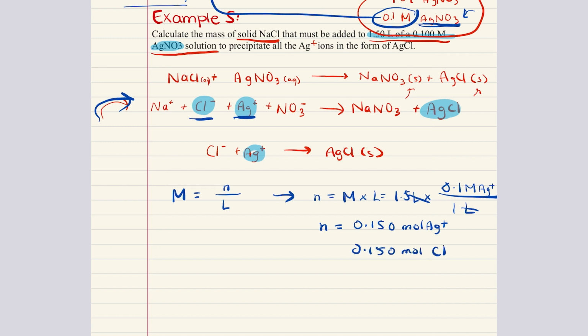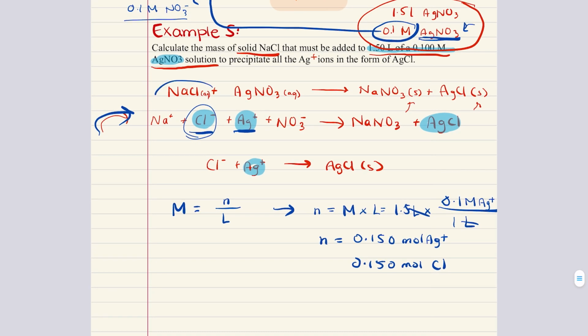Because silver and chloride react in a 1-to-1 ratio, 0.15 mole of chloride ions and thus 0.15 moles of sodium chloride are required. All right, because we're not just adding chloride ions, we're adding it in the form of sodium chloride, which obviously dissociates. But that means that by convention, 0.15 moles of sodium chloride is needed. Hence where we get our needed 0.15 moles of chloride.